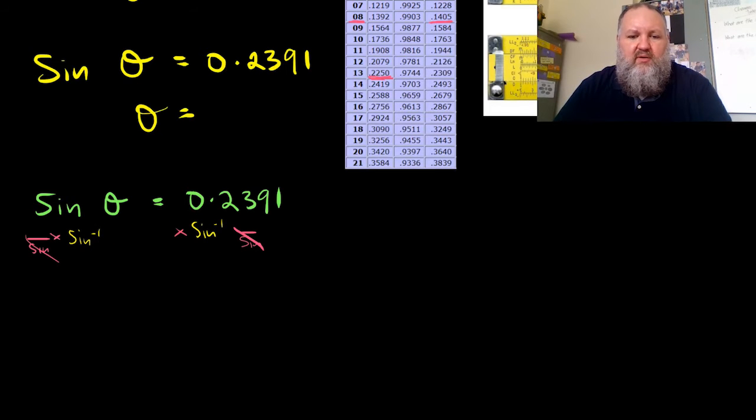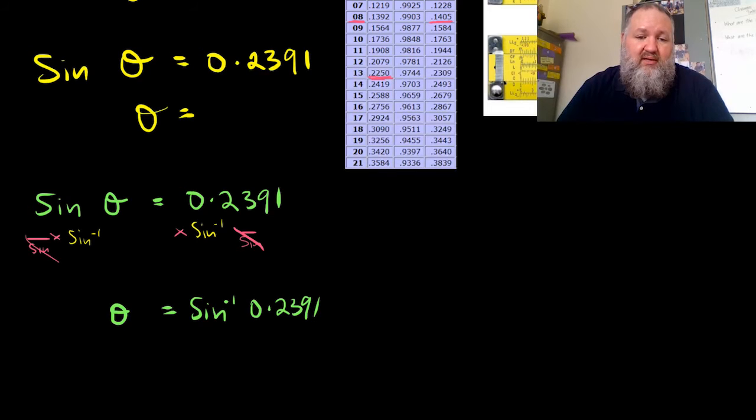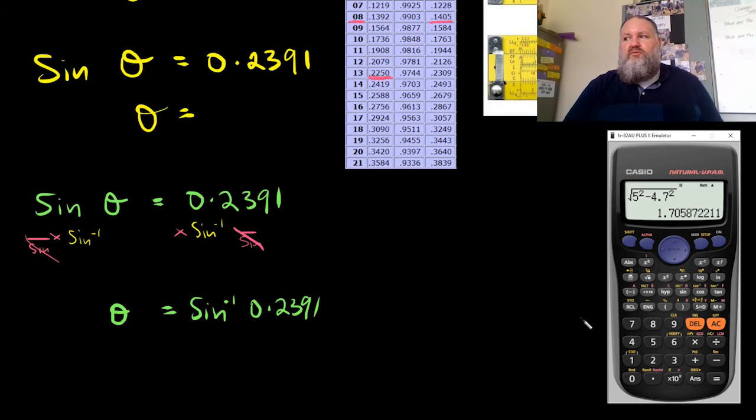Okay, so what will that look like? Well, when I rewrite it, it will look just like this: theta is equal to sine to the -1 of 0.2391. So let's grab our calculator, because that's the tool that we use. Now, how do you do sine to the -1 on a calculator?